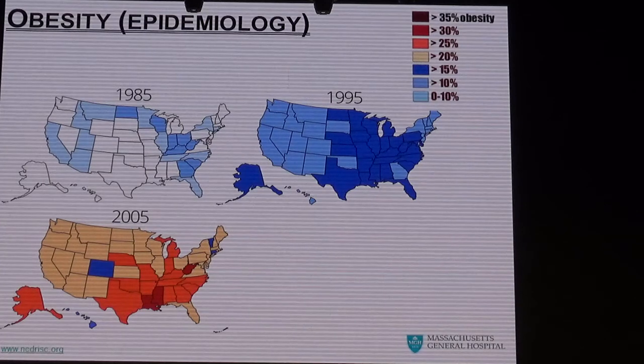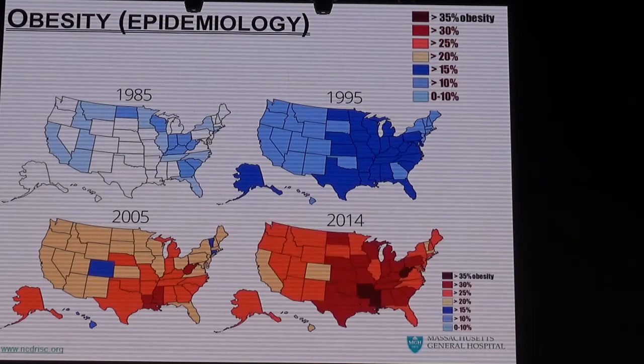Again in 2005, it's getting a larger population, until 2014. This is the latest report. More than 30% of Americans are obese, that means a BMI more than 30, which means that more than 100 million people in the United States are obese.